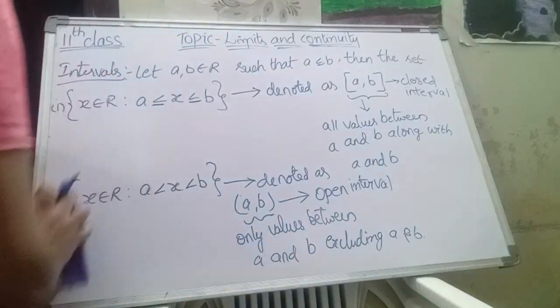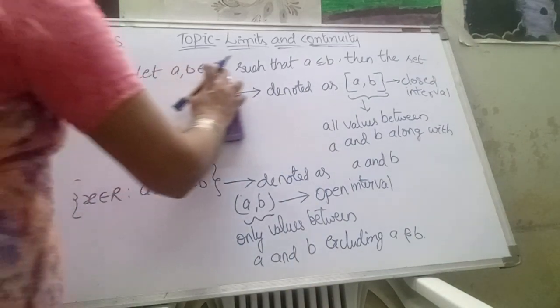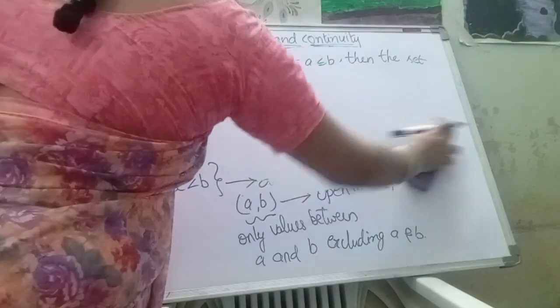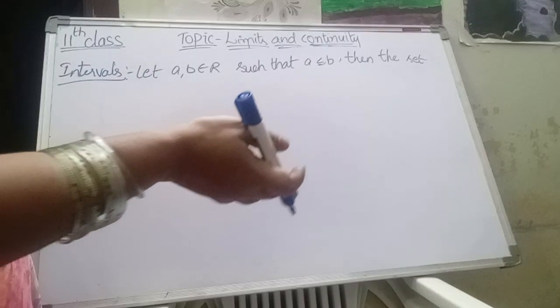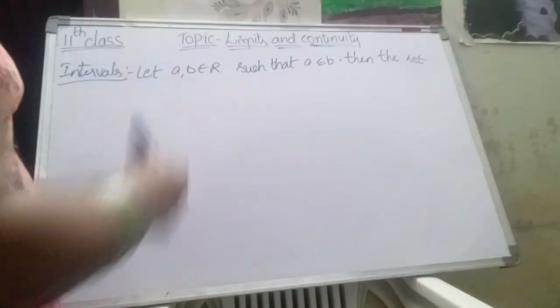Remaining, some more intervals are there. Let us see them also. For example, intervals in movies also you will get an interval. In your school also, you will get breaks, intervals, right? In that sense, this will be understood very easily.